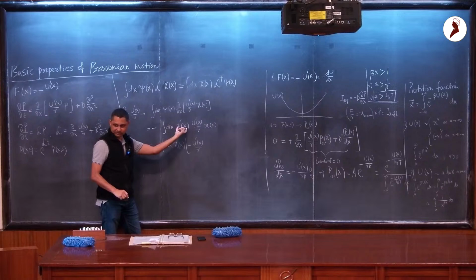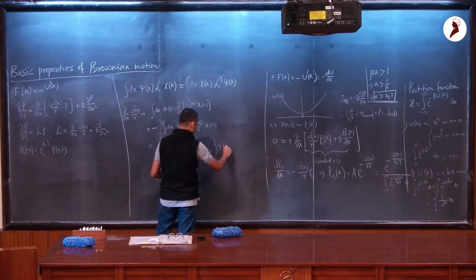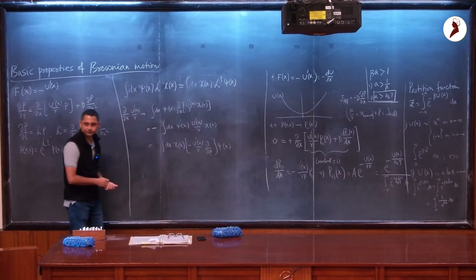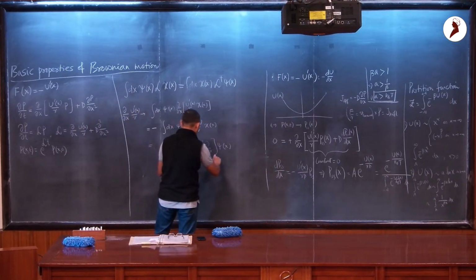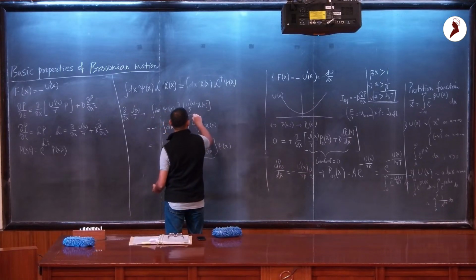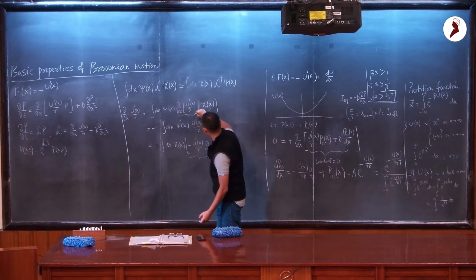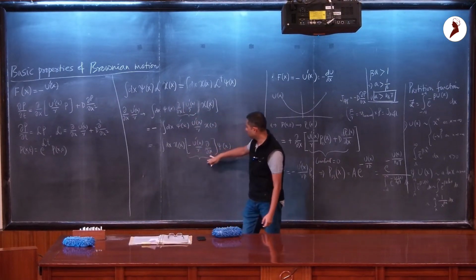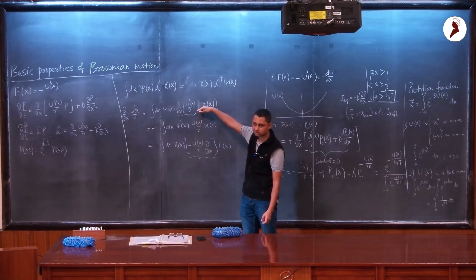Times ∂ψ/∂x acting on ψ(x). So we started with this operator, acting on χ(x), and we ended up with a different operator. This operator is not the same as that operator, right?